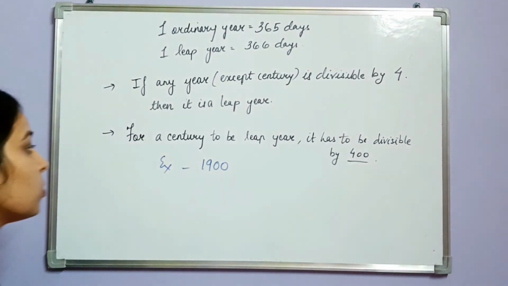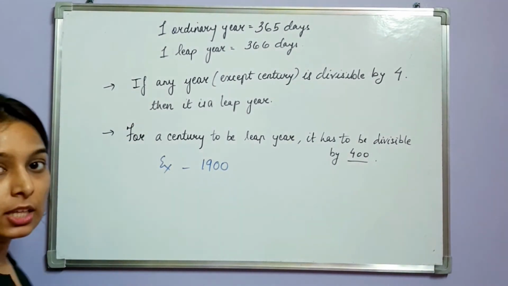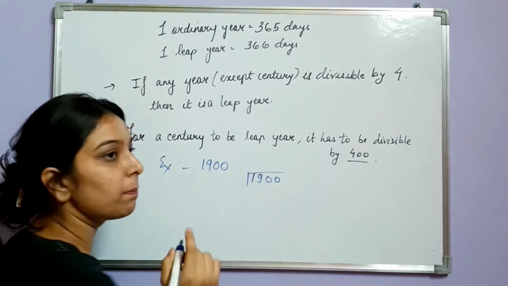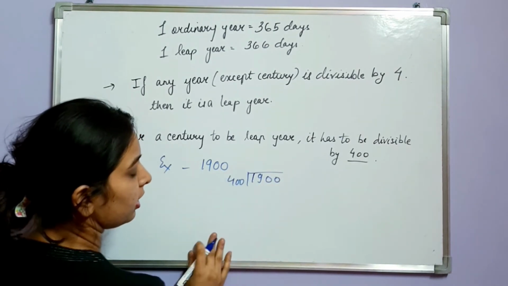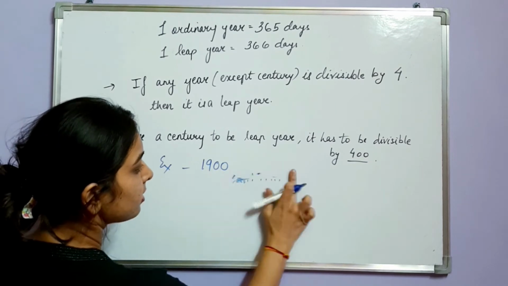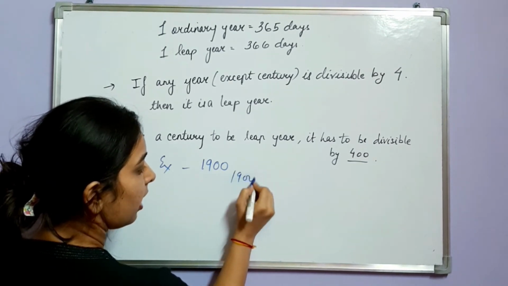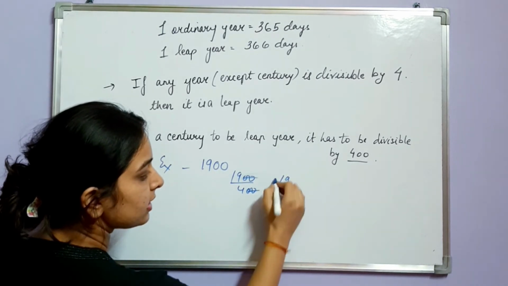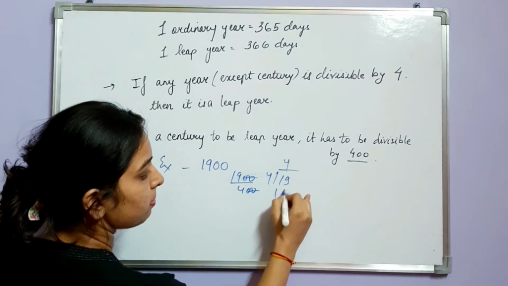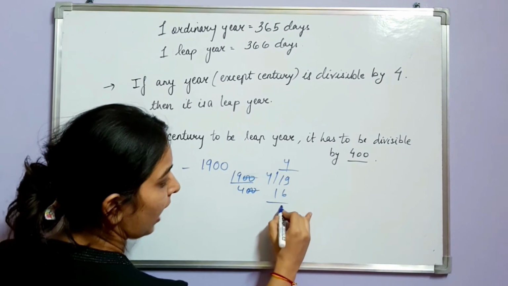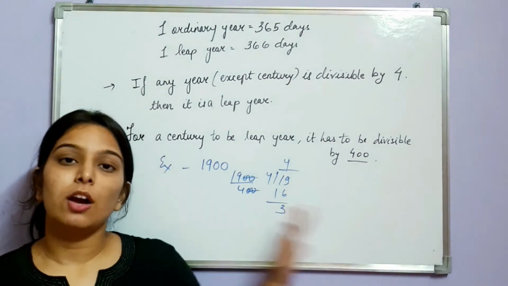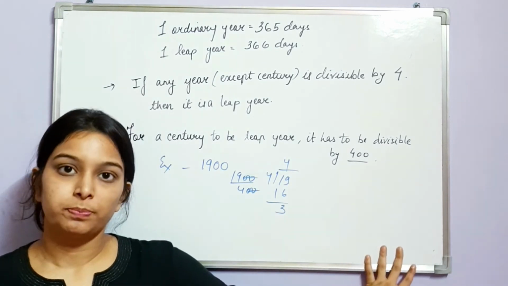So we are going to go by the second concept, that is we are going to see if 1900 is completely divisible by 400 or not. That is 1900 divided by 400, and we know that 19 is not completely divisible by 4, that is it leaves 3. This means 1900 is not a leap year.